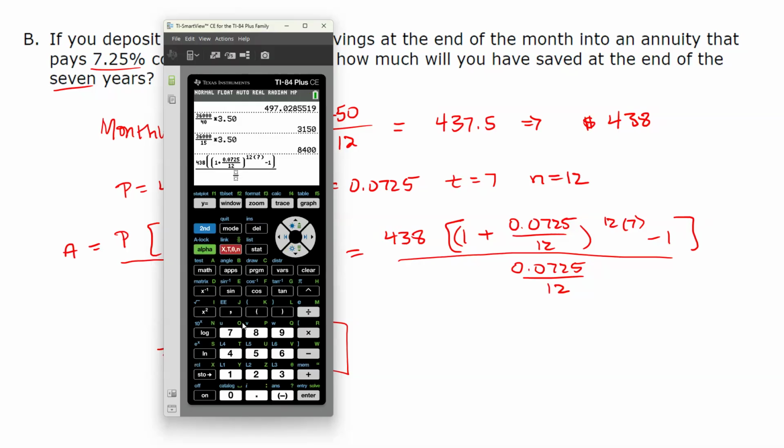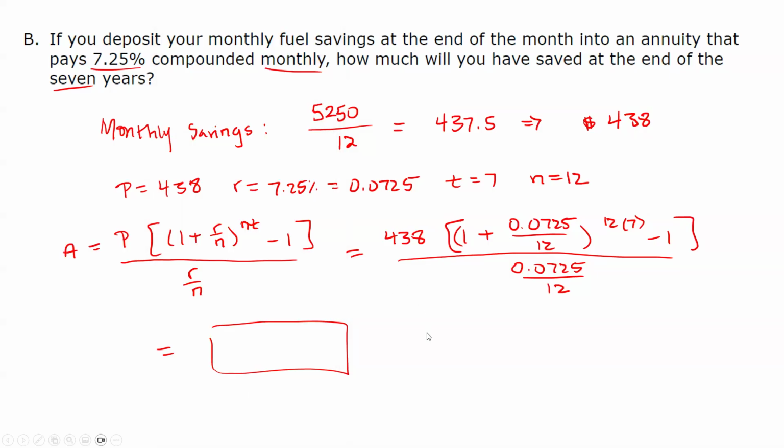Go to the denominator, make a fraction, 0.0725 divided by 12. All right, so rounded to the nearest dollar, we would have saved $47,746 at the end of 7 years.